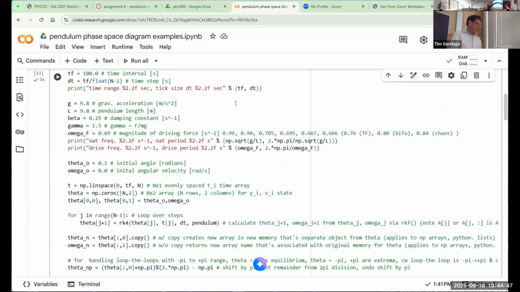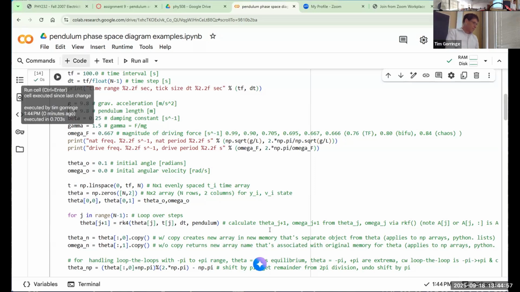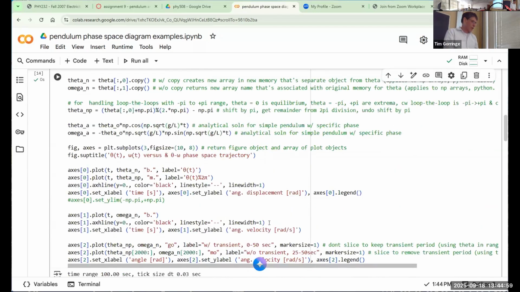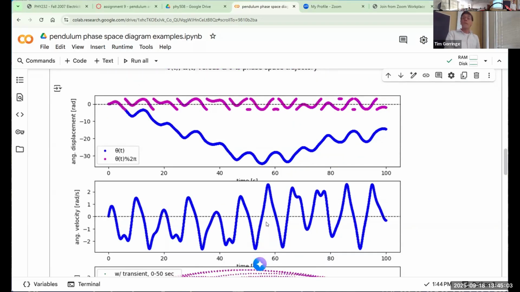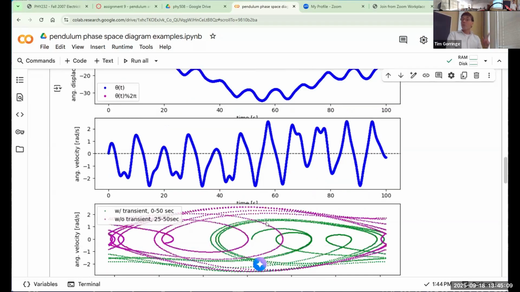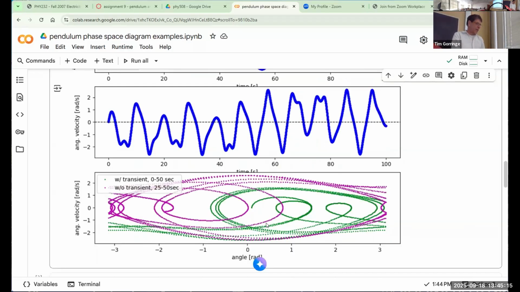Let me just show you if I go further. What I think you've already guessed will happen is full-blown chaotic motion. So here's theta and omega versus time. We decreased the driving frequency, but not by much, by about 10%.